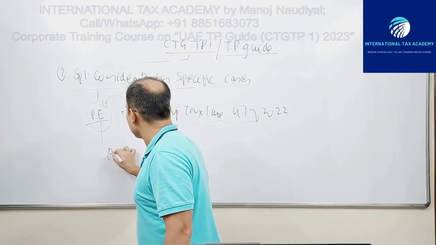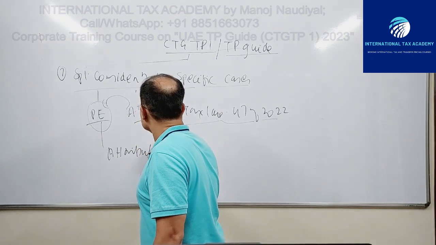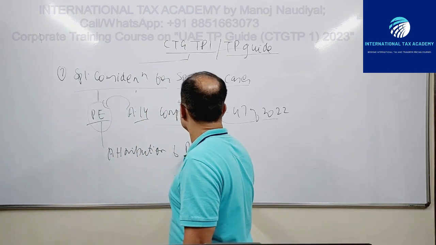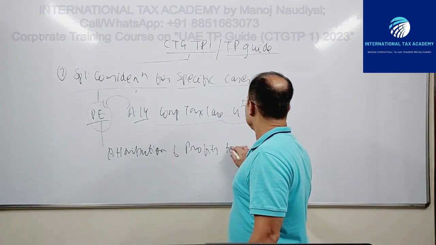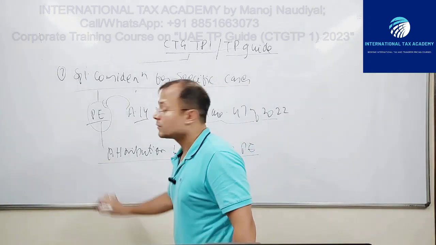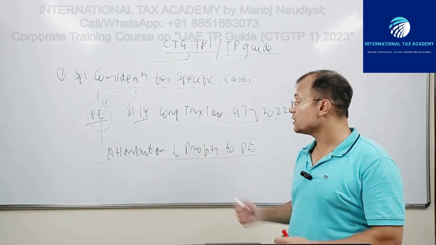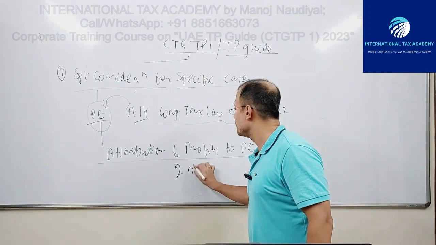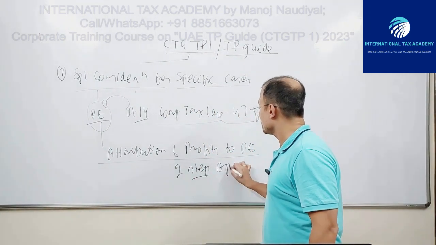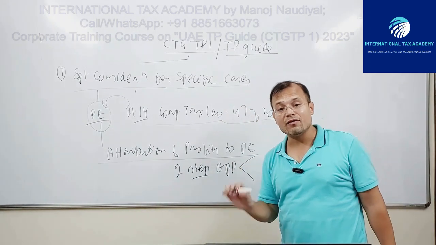So, attribution of profits to permanent establishments. This is done using a two-step approach. In the first step, you create a functionally independent entity.